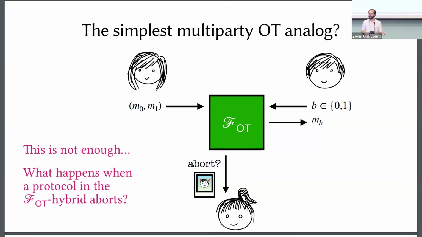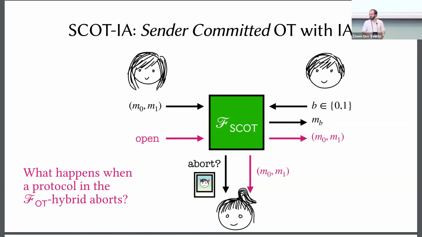So we need to make another change. And I don't want to do any math inside the OT. I don't want to commit to a particular MAC scheme or anything like that. So we'll do something really simple. We're going to give Alice another instruction that she can call later, reactively, after we're done doing the basic OT thing. And this will simply forward her inputs to everybody else who's involved in the protocol reliably.